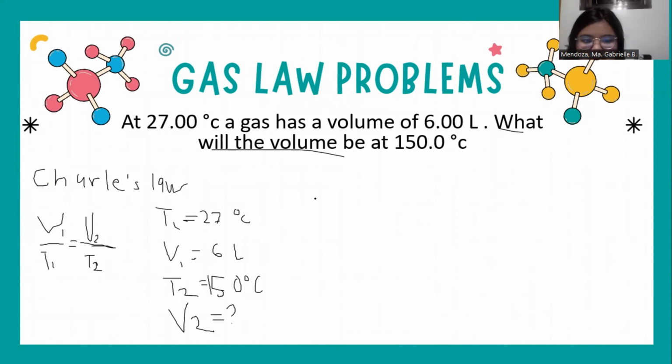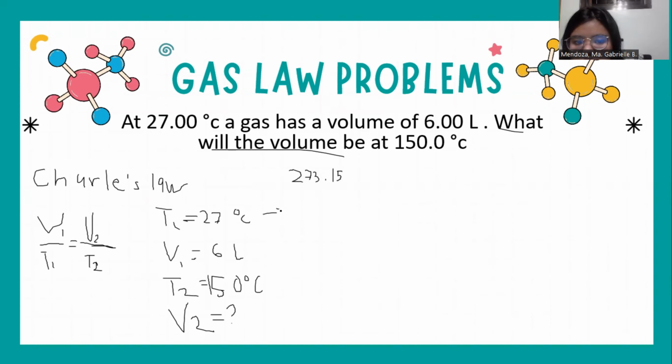But before we substitute, kailangan natin tandaan na ang unit ni temperature will always be Kelvin. So, yung mga degrees Celsius, kailangan natin siyang i-convert to Kelvin. So, paano? Simply add 273.15.